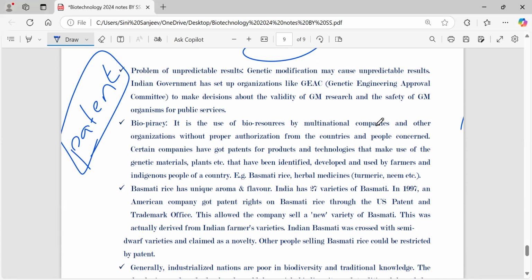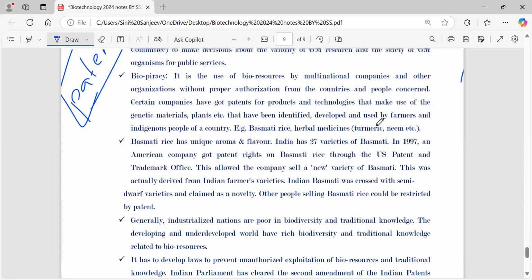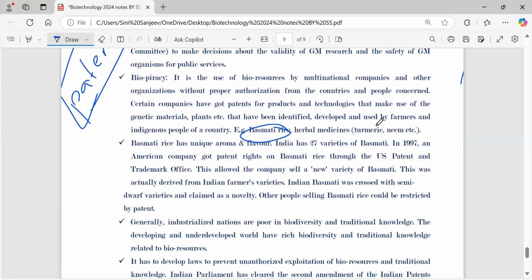The same thing leads to biopiracy also. To keep things free from that piracy, all these patents are taken. Now here one example has been written regarding basmati rice. Actually, basmati rice in India, if you see, there are 27 varieties of it.